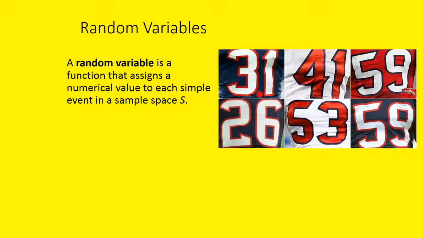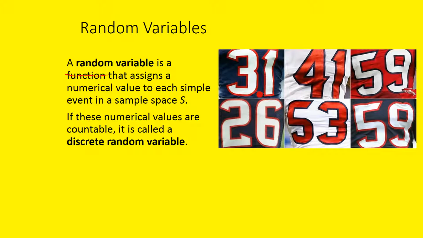A random variable is a function that assigns a numerical value to each simple event in a sample space S. Not exactly right to call it a function, but we'll go with it. Sample space S is the set of all possible outcomes.